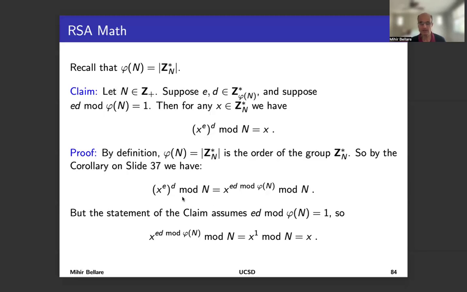What is the group here? We're working mod n, so the group is Zn star. And so phi of n here is the size of the group Zn star. And we can throw that mod in here for free. It doesn't actually change the result. If I do the mod or don't do the mod, this value is not going to change. But it's convenient to do it because we said here that E and D have this property. And then, of course, the conclusion comes right out. If ED mod phi of n is 1, then this is just x to the 1 mod n, which is x. So when you walk through the math, it's quite easy to confirm this fact.